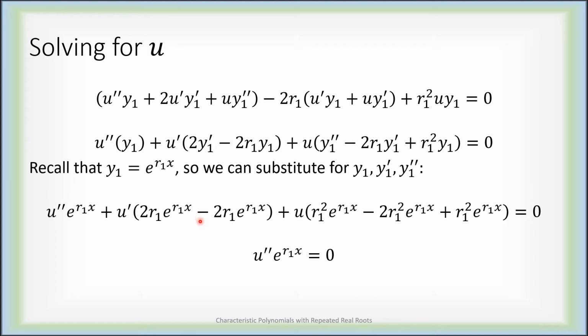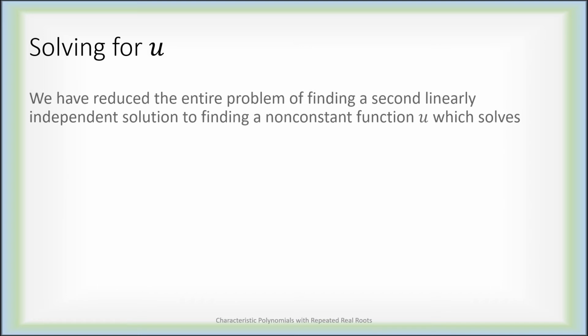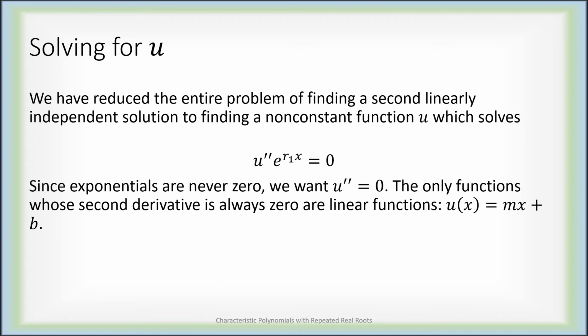So having assumed that y1 is a solution to the original differential equation and setting y2 equals u times y1, we conclude that u double prime times e to the r1x must be 0. So we've reduced the entire problem of finding a second linearly independent solution to finding a non-constant function u that solves this differential equation. The exponential is never zero, so u double prime had better equal zero.